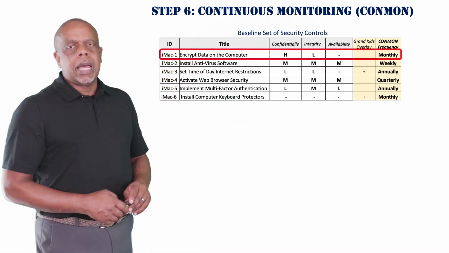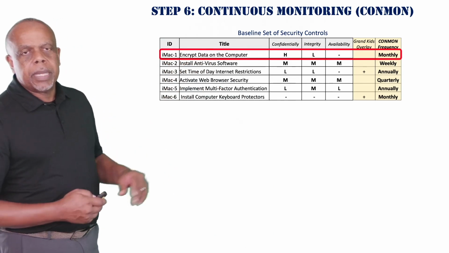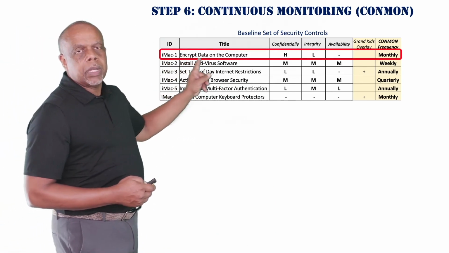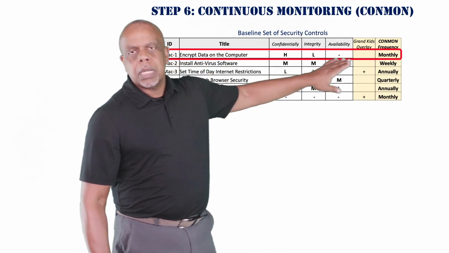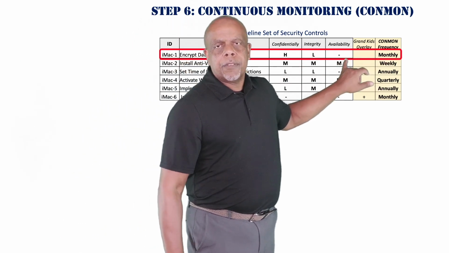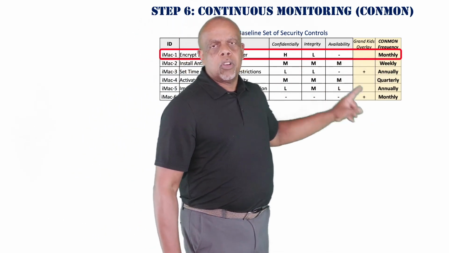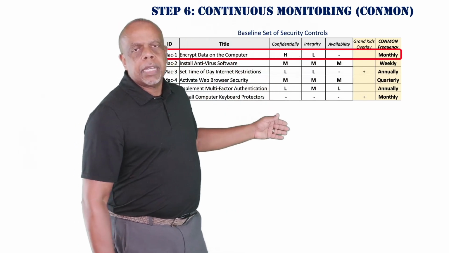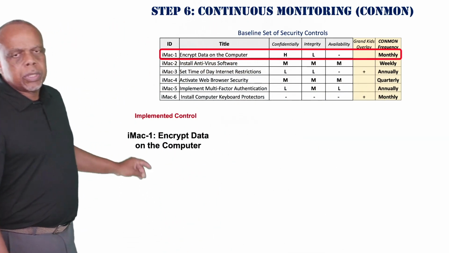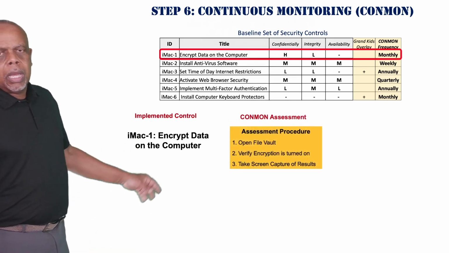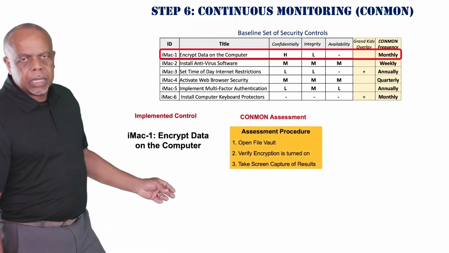So let's take a look at how I would do this on a monthly basis. Let's take this first control, IMAC 1, encrypt data on the computer. Like I said, it was high, moderate, and availability didn't matter. It's not part of the overlay. It's part of the baseline set. Every month, I am going to take that control and run the assessment.